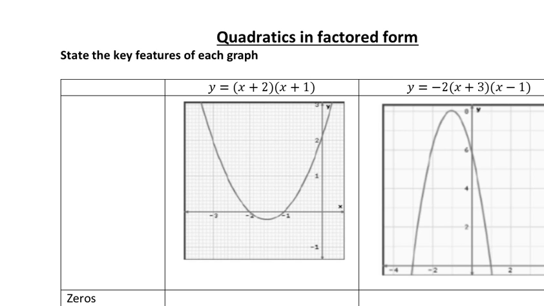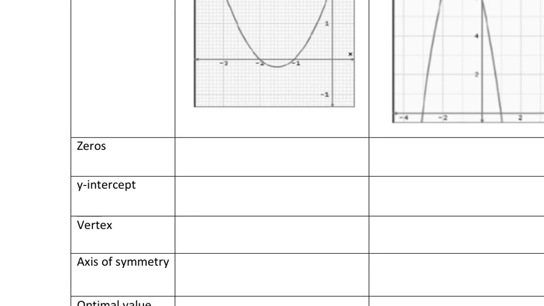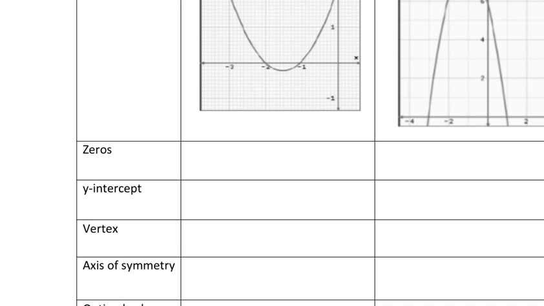We're going to talk about why there is a difference between the two when you're looking inside the bracket and when you're looking at the graph. So, looking at the graph only right now, the zeros are negative 2 and negative 1, correct? So let's write that down. The x-intercepts or the zeros equal negative 2 and negative 1.